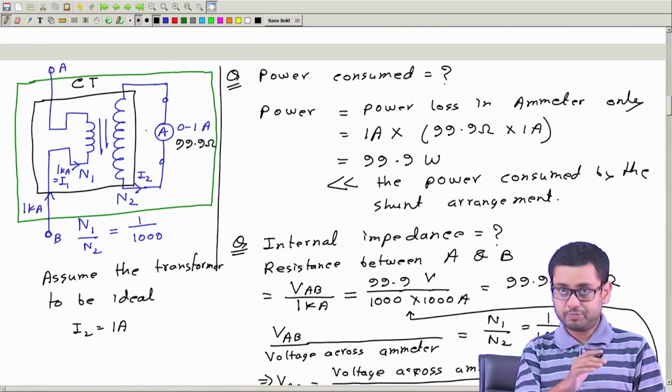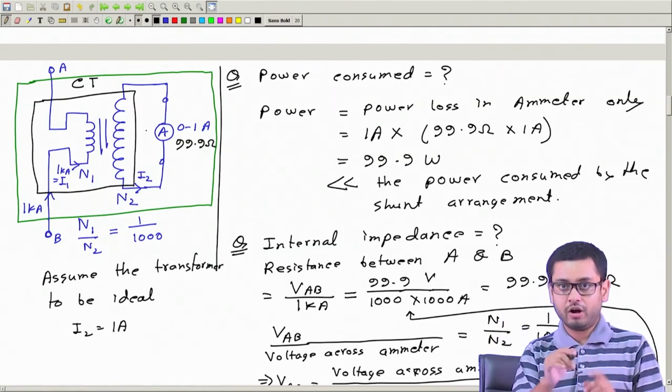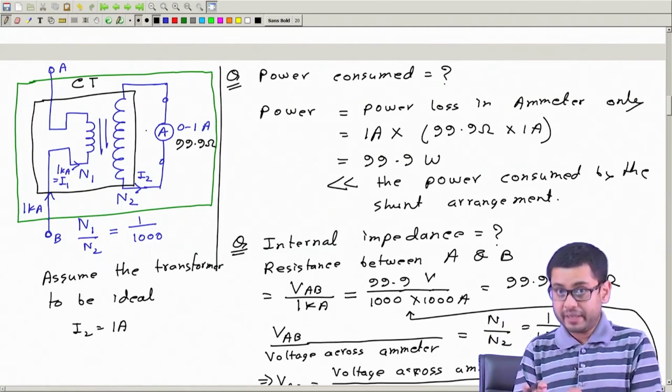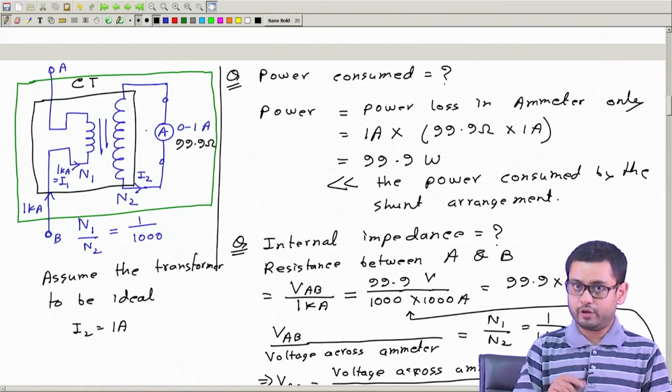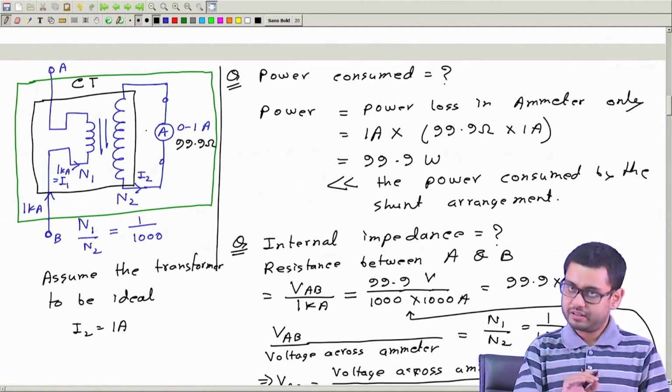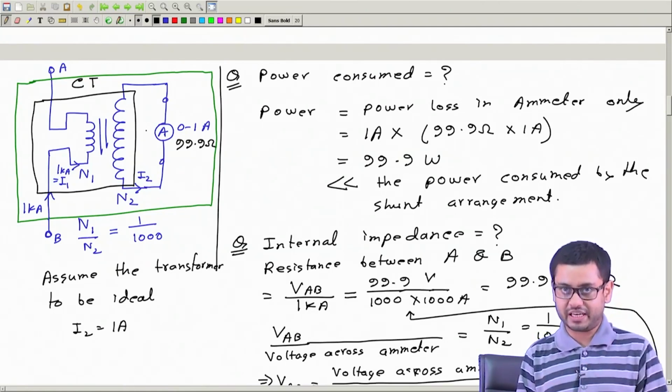It may not display you the number on a screen or with a pointer saying how much the current is, but it is essentially sensing the current, measuring the current, and if the current goes beyond a level, then it does something, it stops the current.